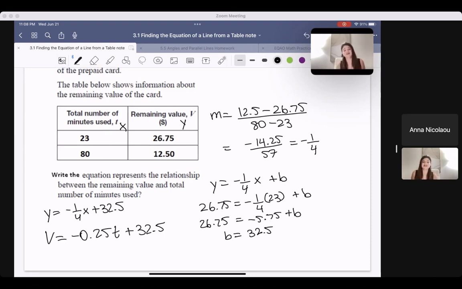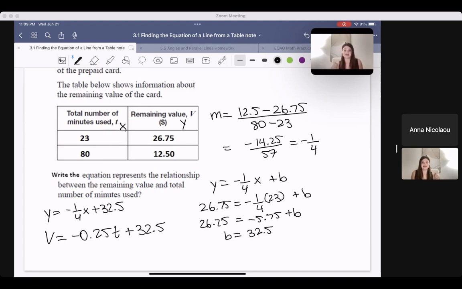But just know that it's the same thing as x and y. And this is what trips people up, is they will think, oh, it's t and v. We didn't learn about t and v. We just learned about x and y. Well, consider that it's the same thing. It's the same method either way. It's still a linear equation, even though we're just switching y for v and x for t in this case.